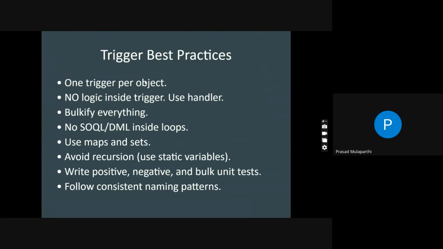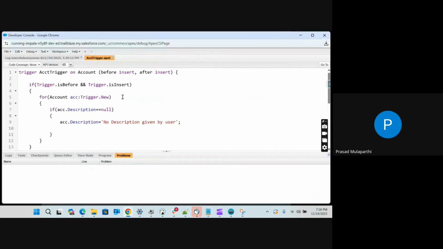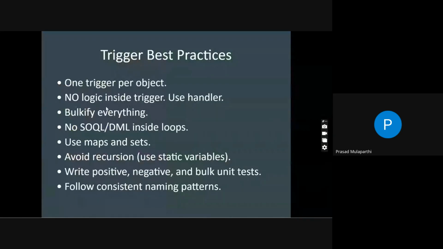These are some of the best practices while writing triggers. One trigger per object. For example, here for all the operations, I have chosen only one trigger for this particular account object. In this account object only, going forward, we can implement before update, before delete, after delete, likewise.